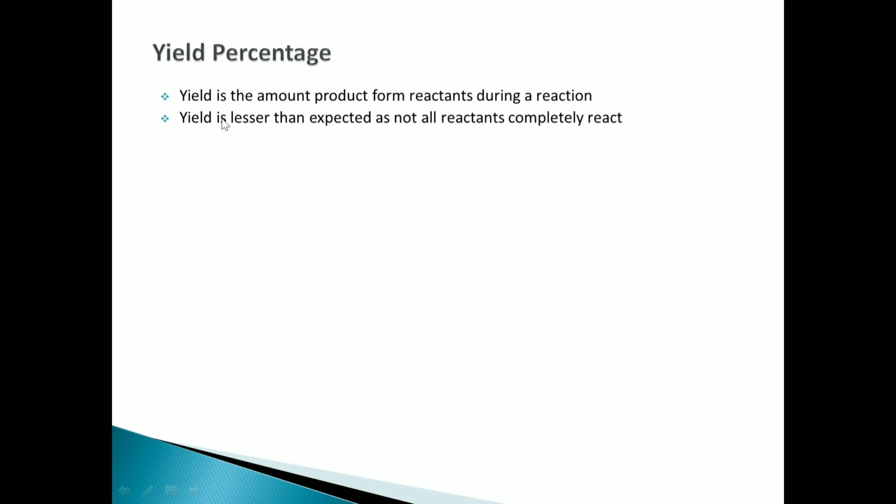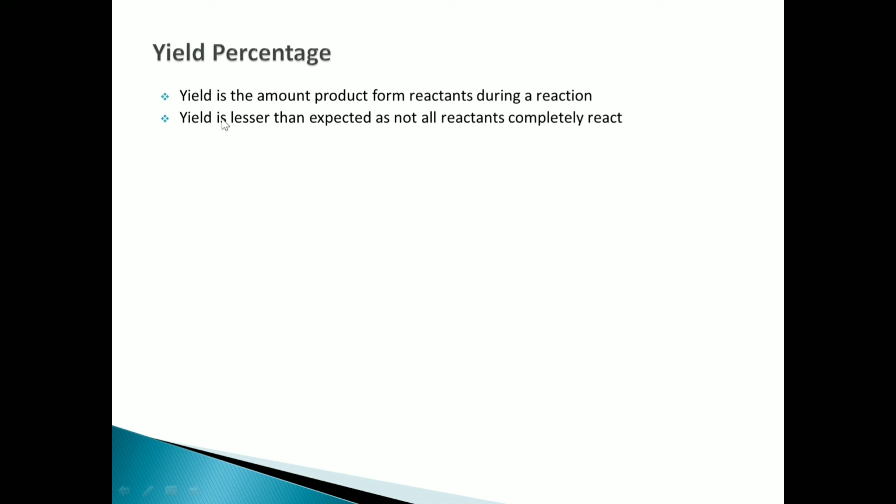What does that mean? Using the stoichiometry of a reaction, we can hypothetically find out the expected amount of product, but in reality that does not happen. Yield refers to the amount of product produced in reality, for which yield is lesser than the hypothetical value.